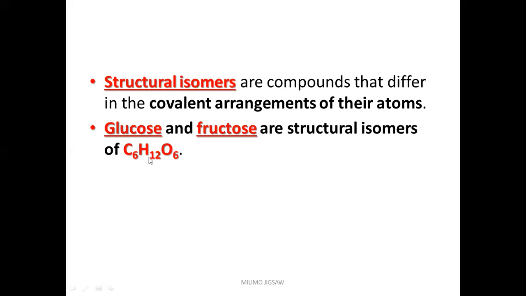Glucose and fructose both have the molecular formula C6H12O6, but they differ in the way their atoms are arranged. They differ in their covalent arrangement, but they have the same molecular formula. So note that glucose and fructose are examples of structural isomers.